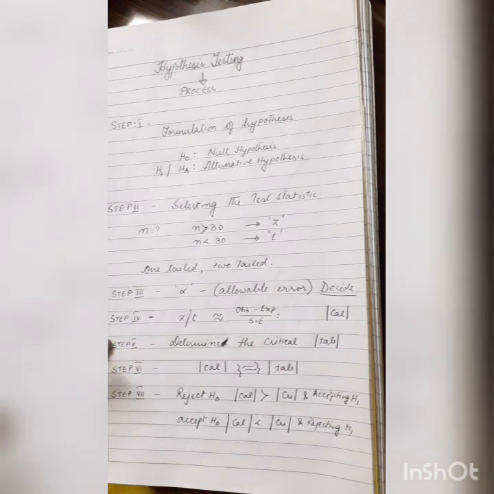Step 5, you determine the critical value from the table, the value of the Z or T statistic based on the specific value of alpha. Step 6, you compare the calculated value with the tabulated value. Step 7, you make the decision by comparing the two values, whether to reject or accept. So this is the basic 7-step process, and then we get into the problems today.